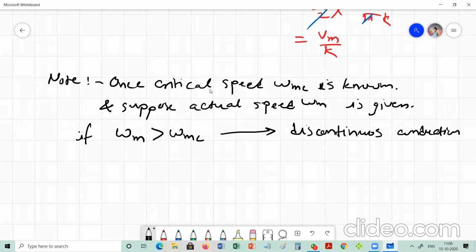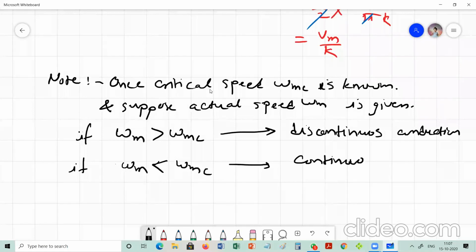The drive is operating in discontinuous conduction. And if omega m is less than omega mc, then it is continuous conduction.